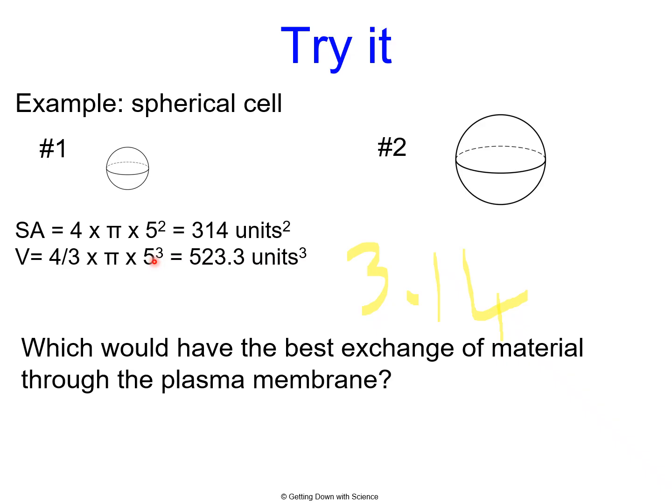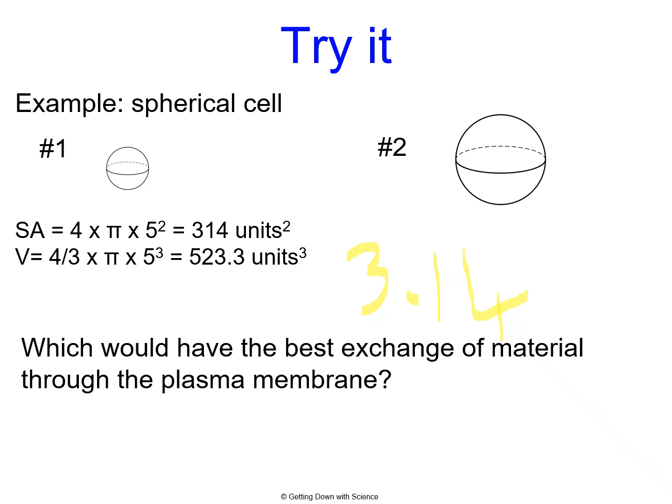So the radius is 5, and that should be cubed. If you plug all that in, your answer should be 523.3 units cubed.